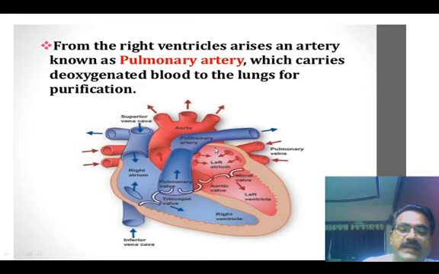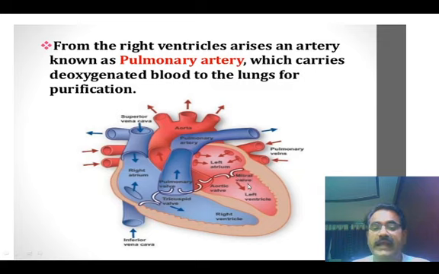Okay, then the pulmonary veins receive the oxygenated blood and open into the left atrium. From the left atrium, the blood enters the left ventricle with the help of the aperture, that is the left auriculoventricular aperture.